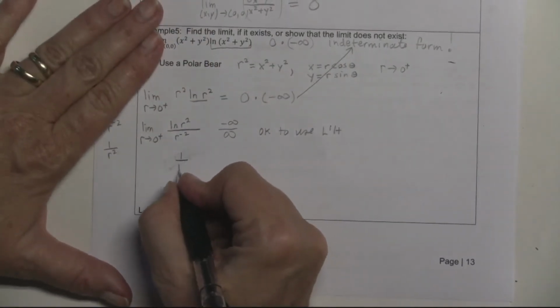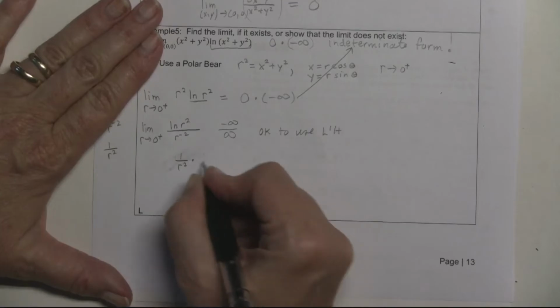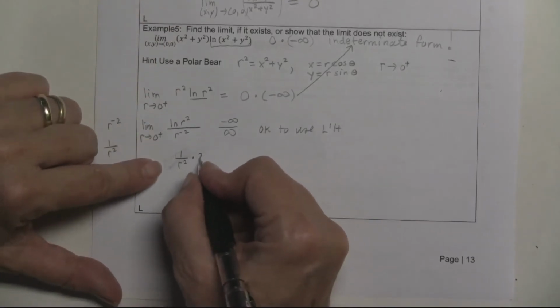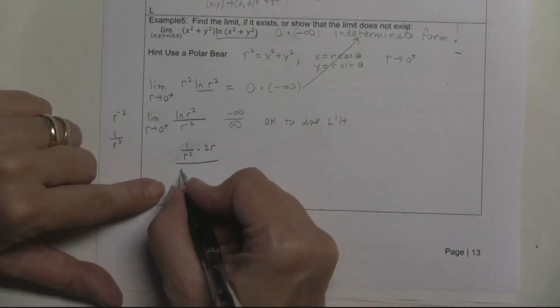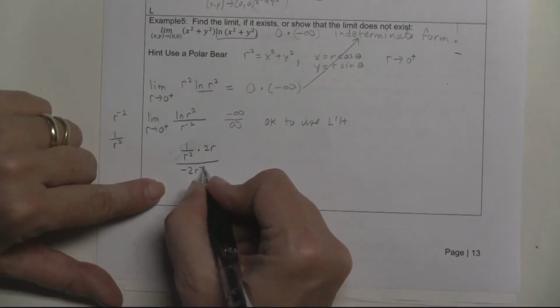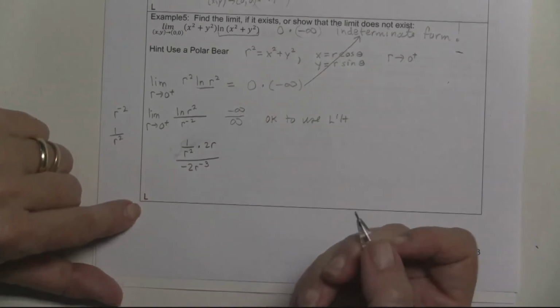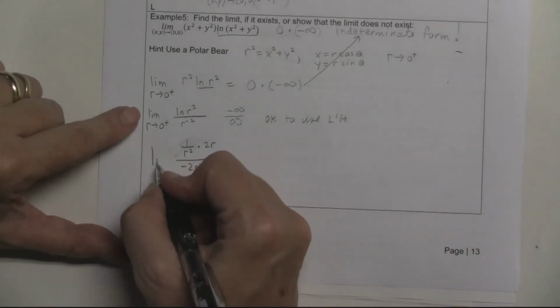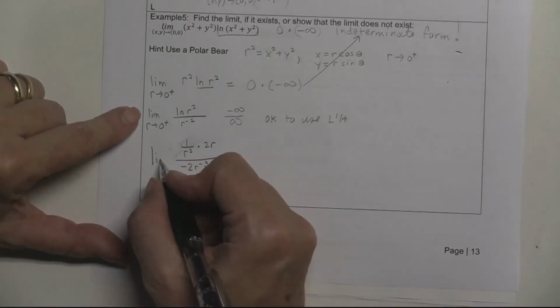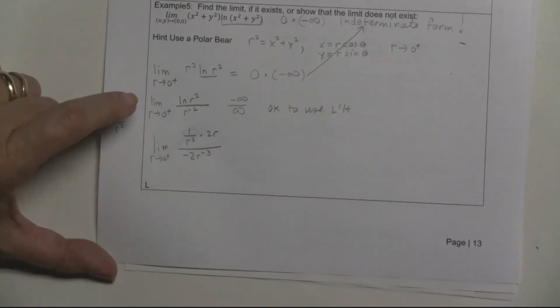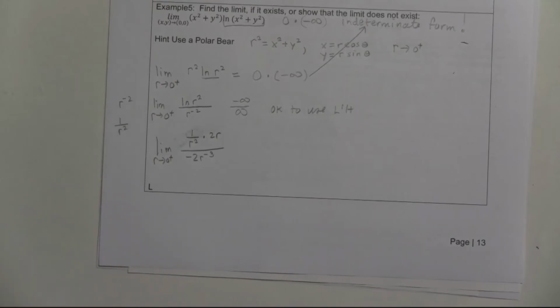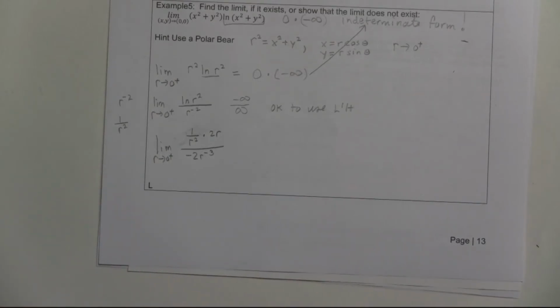Taking the derivative of the numerator, that's L'Hopital's rule, times, I have to use chain rule here, 2r. And the derivative of the denominator, negative 2r to the negative 3. And so I have the limit as r approaches 0. I don't stop writing my limit sign, and you shouldn't either, because when you stop writing your limit sign, you're saying that you already took your limit.